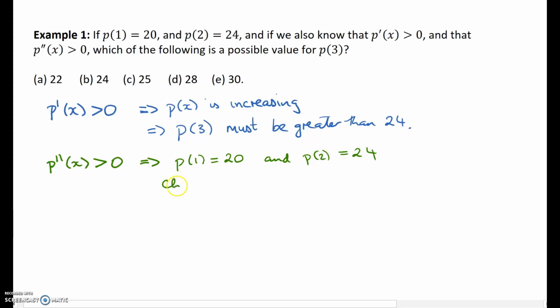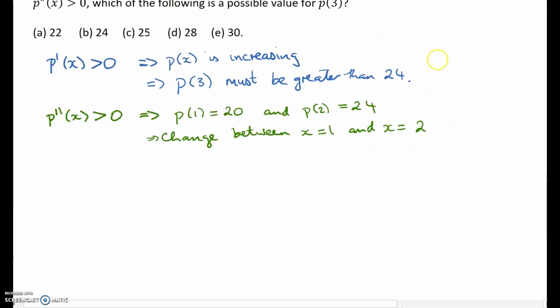So the change between an x value of 1 and x equals 2 was 4. Okay, so it went up from 20 to 24.